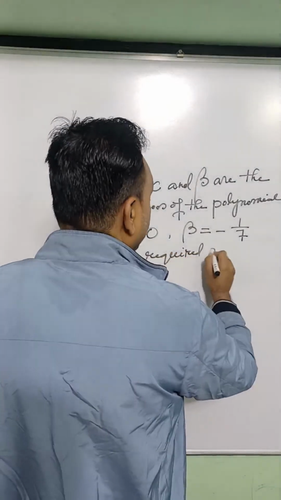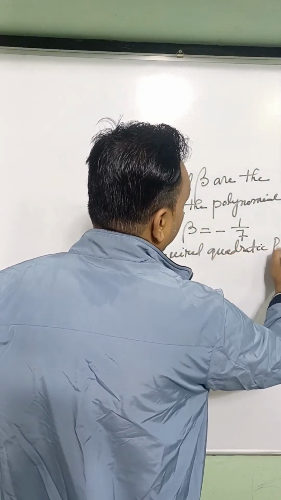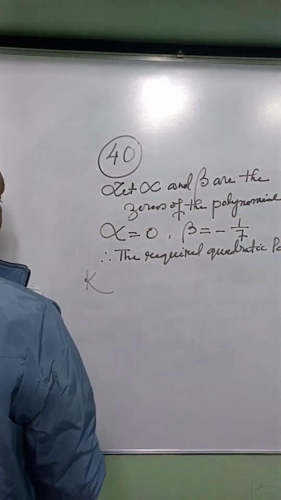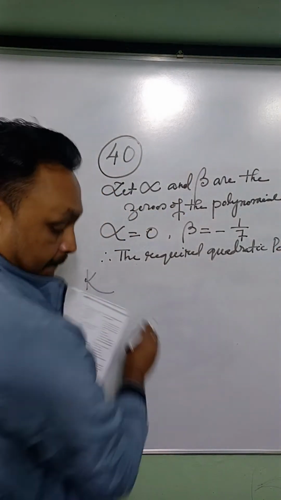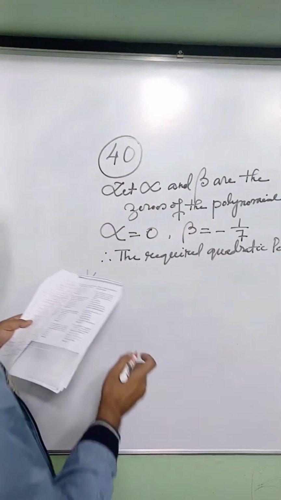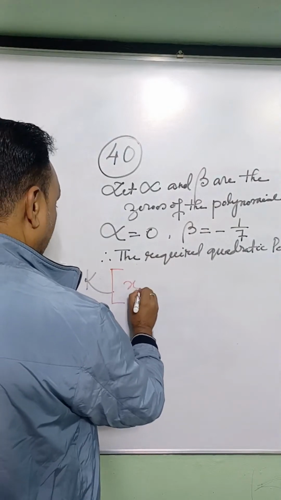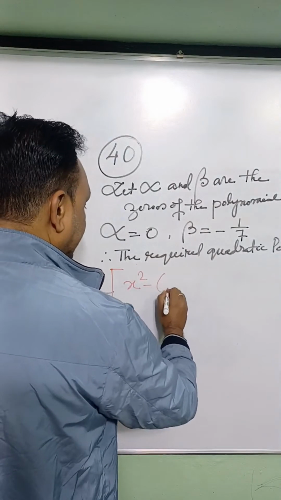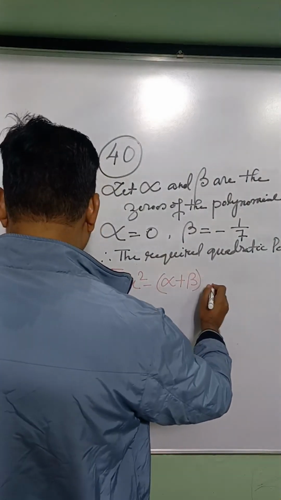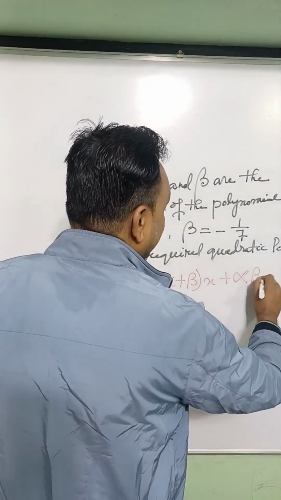Therefore the required quadratic polynomial is, what is the formula? Same formula: k times x square minus sum of the zeros, that means alpha plus beta, x plus alpha into beta.